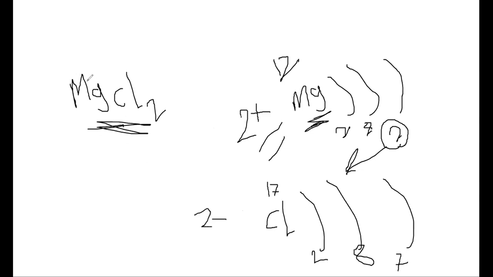So the magnesium ion, how many charges? 2, positive 2. Chlorine, how many chlorine ions? 2. So it becomes negative 2, because the 2 chlorine atoms gain 2 electrons. Negative 2.